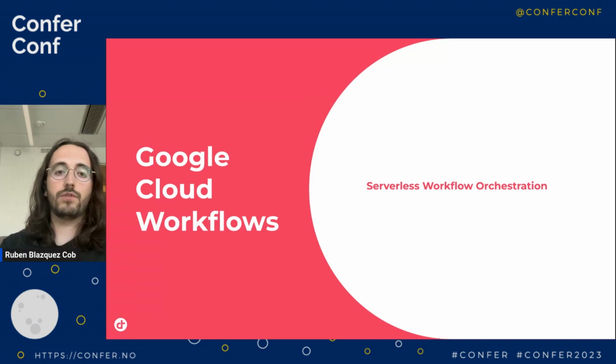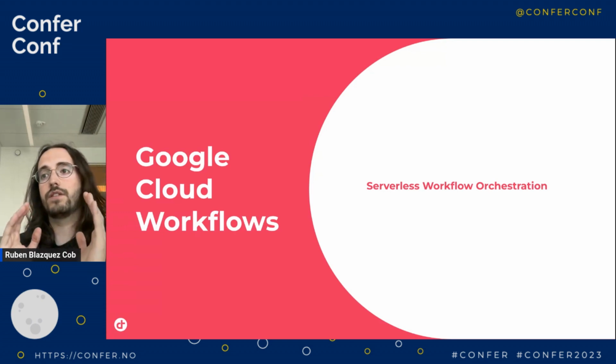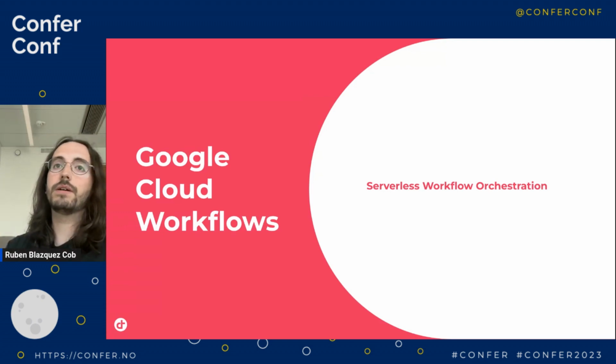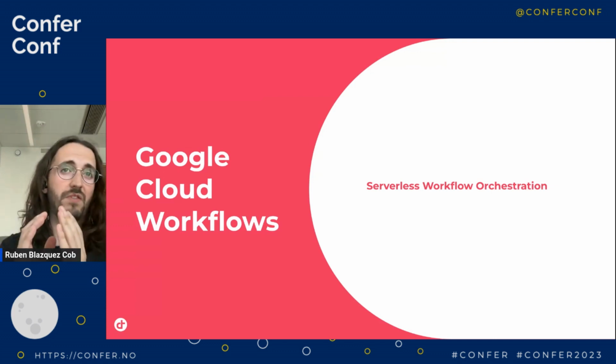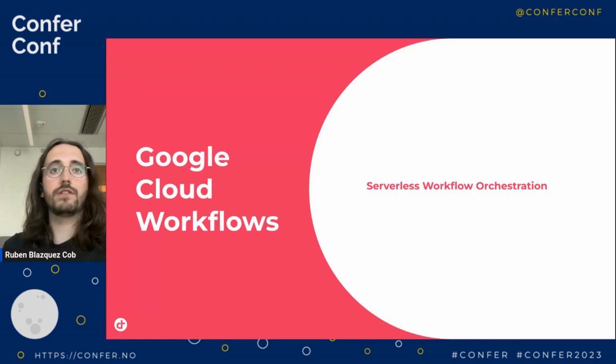The way it looks is a set of one or many different steps. In this case, it's tightly integrated with many Google services, which allows us to integrate into those services, call different services, and based on different events and occurrences, do one thing or another, or if it fails, just fail, stop, alert, and continue somewhere else.